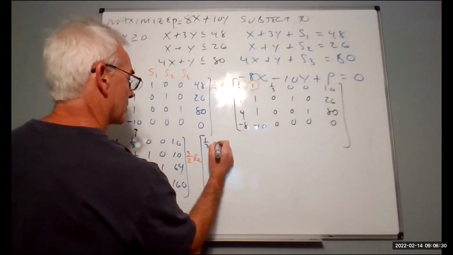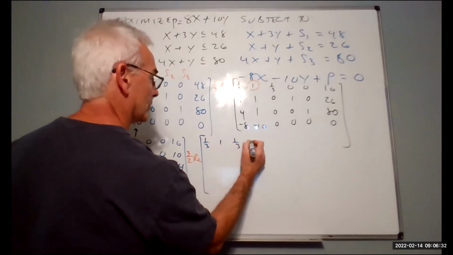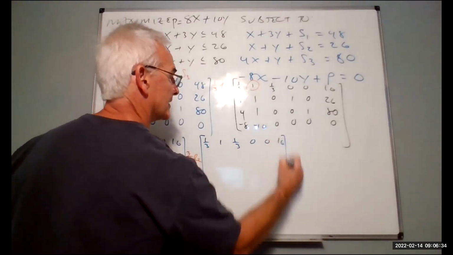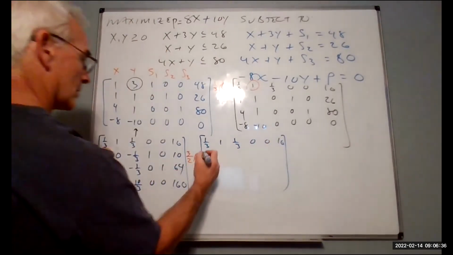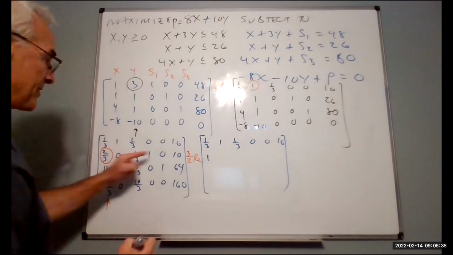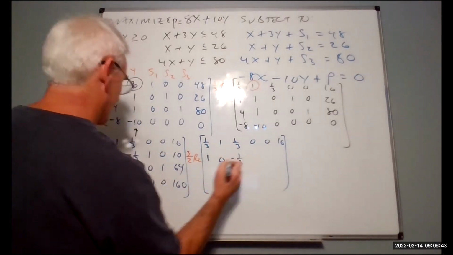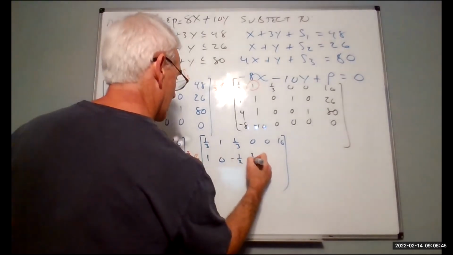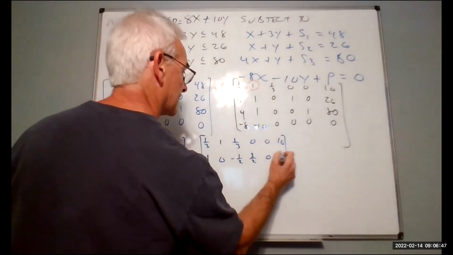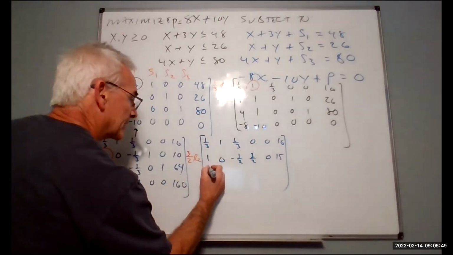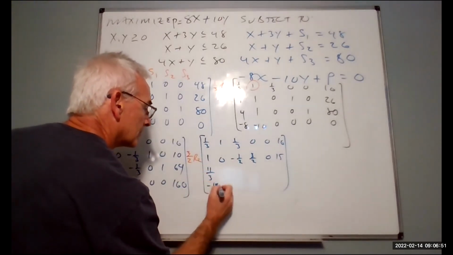So 1/3, 1, 1/3, 0, 0, 16. I'm multiplying this row by 3/2. So 1, 0, negative 1/2, 3/2, 0, 15. And then I just repeat the last two.